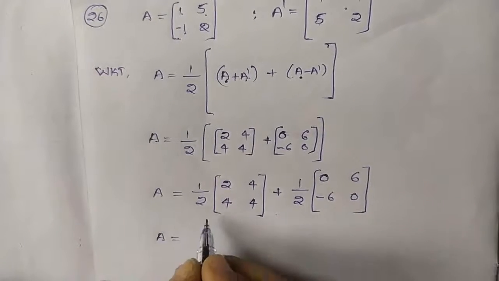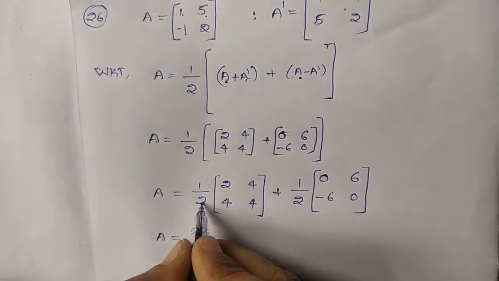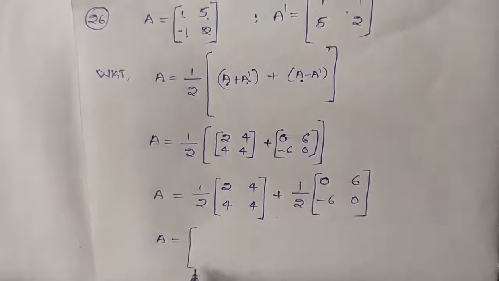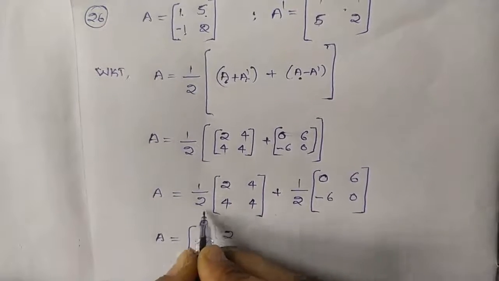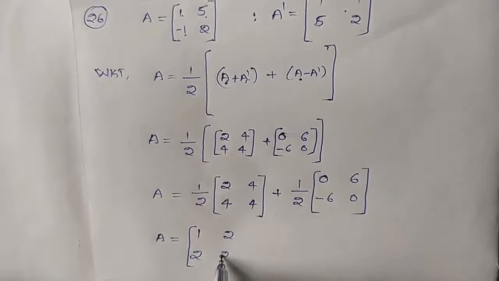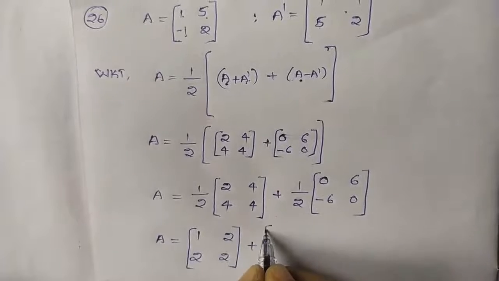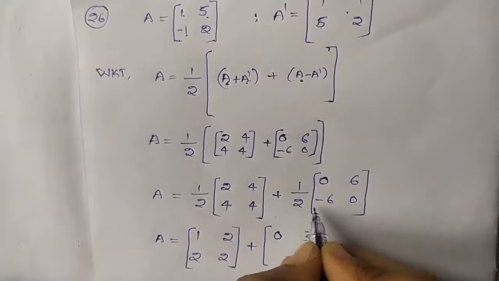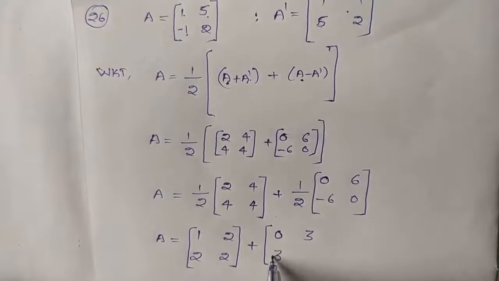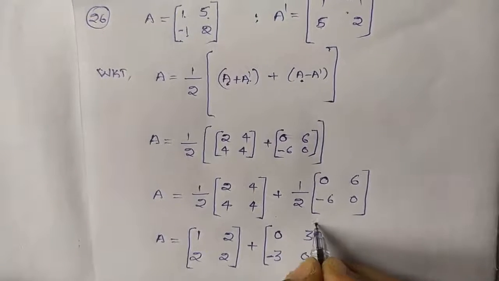Therefore the matrix A equals, if we apply this 1 by 2 inside the matrix, then it will divide. 2 by 2 is 1, 4 by 2 is 2, 4 by 2 is 2, 4 by 2 is 2. Plus next 0 by 2 is 0, 6 by 2 is 3, minus 6 by 2 is minus 3, 0 by 2 is 0.